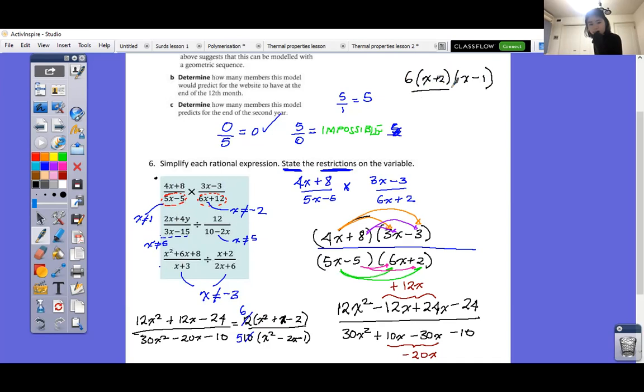And the bottom part with my 5 there, so that's x squared minus 1. Can we simplify this any further? No, this can't be simplified any further. So it's always worth a check to see if you can simplify this any further.